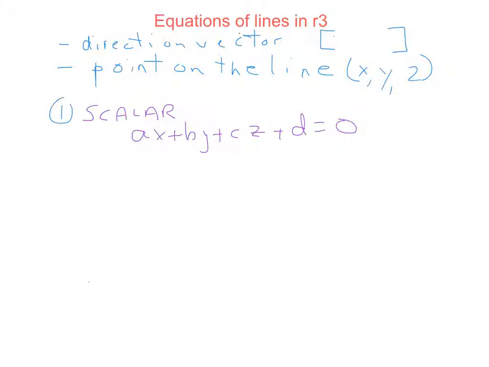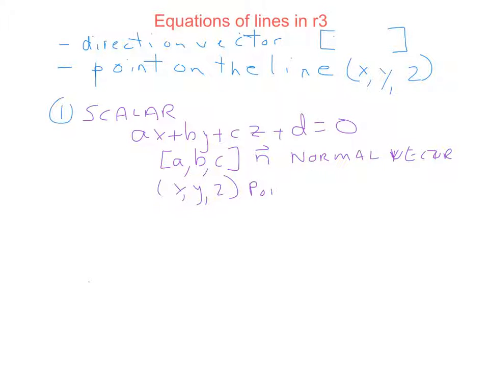When you have the scalar equation, vector (a, b, c) is your normal vector. That's a vector that is perpendicular to your line. Okay, that's what normal means. It says 90 degrees. And point (x, y, z) is a point on the line.